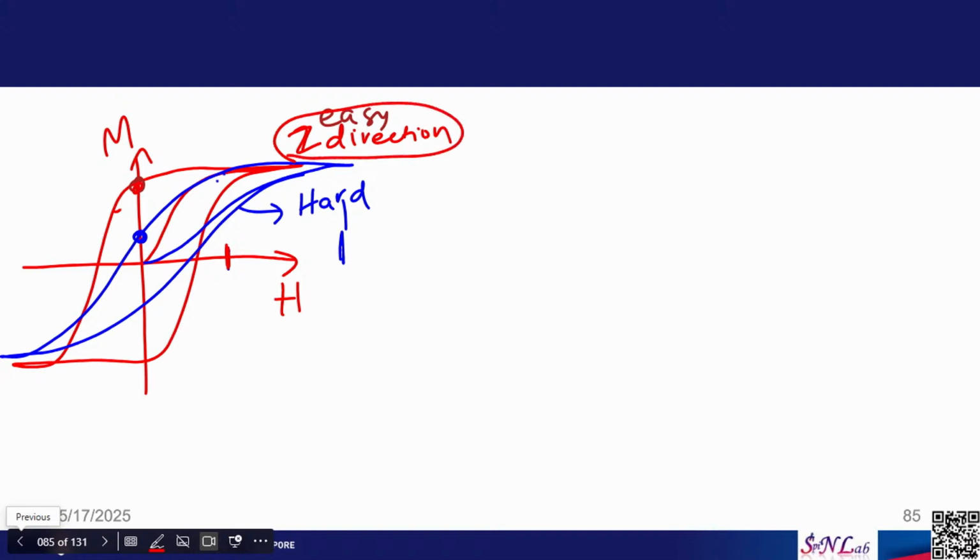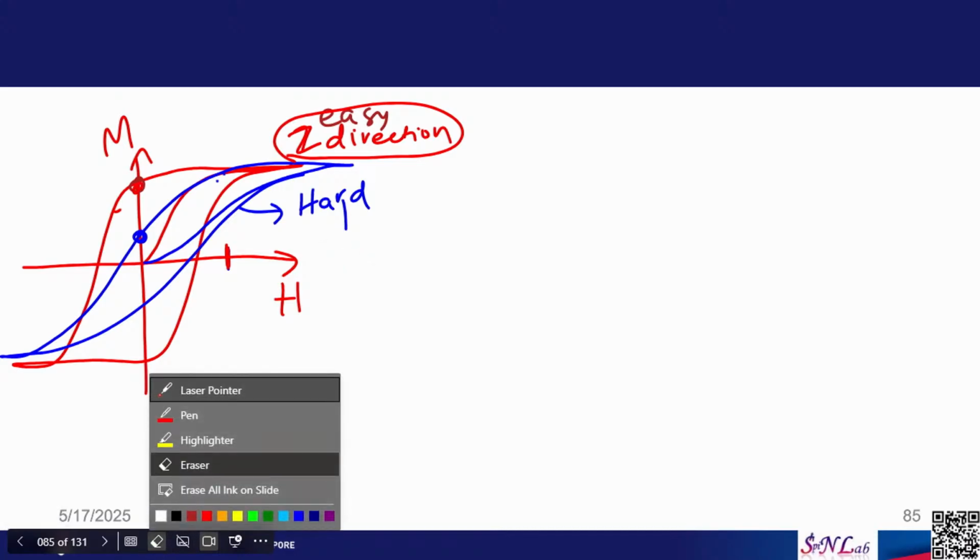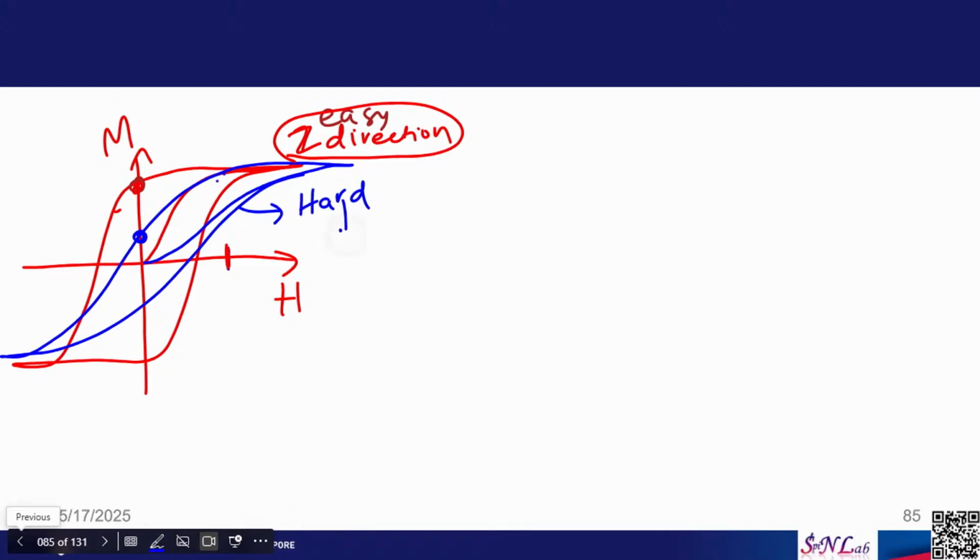whereas if I apply magnetic field along the x direction or y direction, I find that okay.